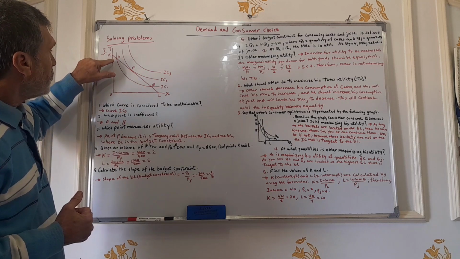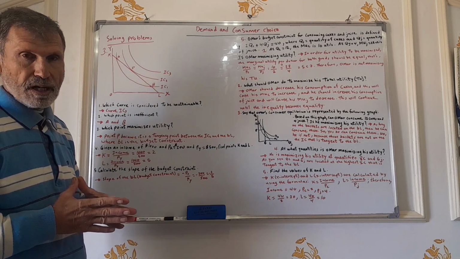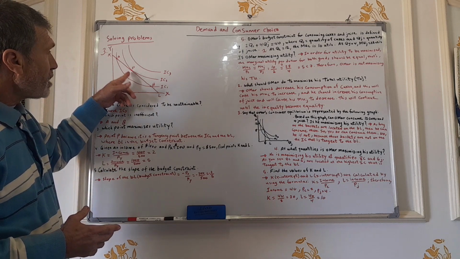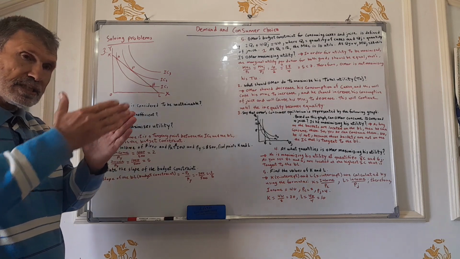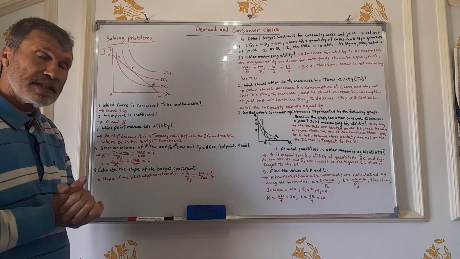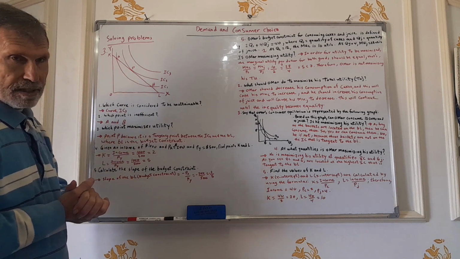And so, because of that, we say A and B are inefficient. Okay? B, as a matter of fact, is efficient because it's located on the indifference curve IC2 that is tangent to the budget line KL.